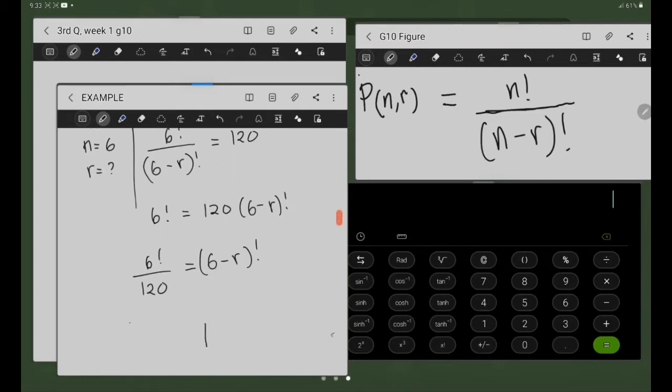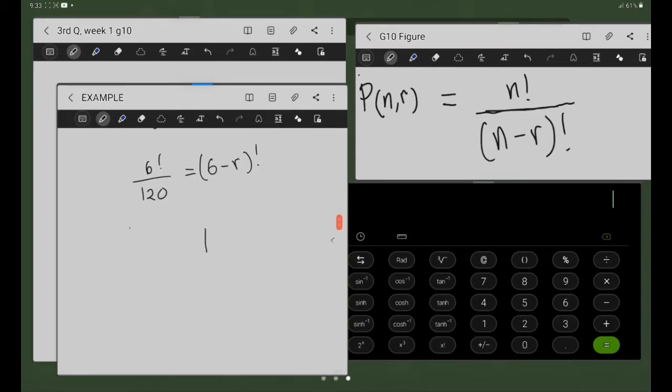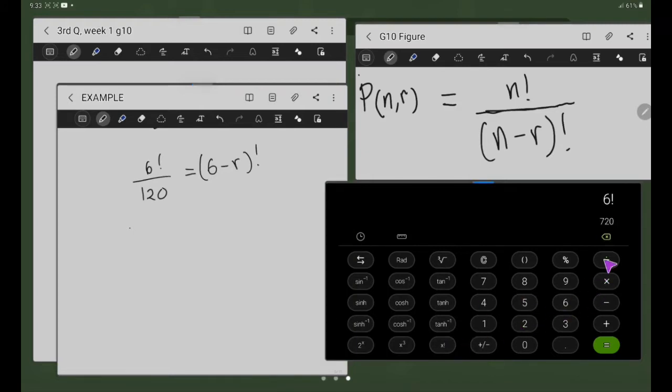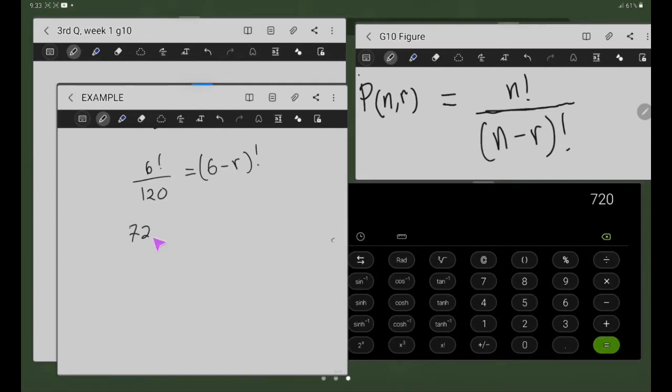So, meron na tayong bagong equation natin. Simplify natin ito, 6 factorial. So, that is 6 factorial is equal to 720. So, 720 over 120 is equal to 6 minus r factorial.